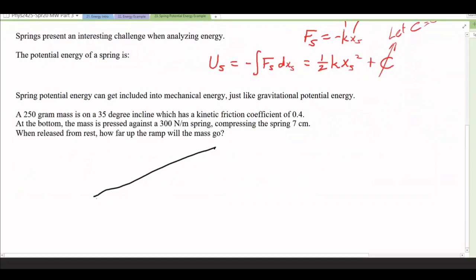There's my incline at my 35-degree angle to the horizontal. And here is my mass, M, and then I'm going to provide a little wall here for my spring to get compressed against.